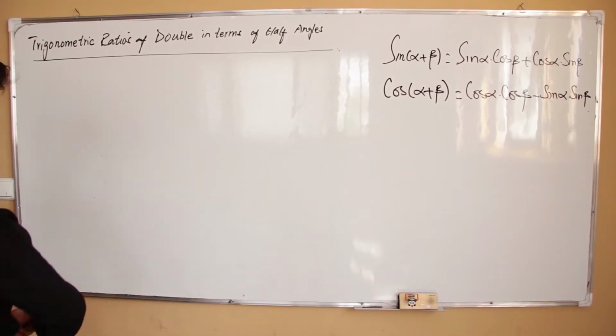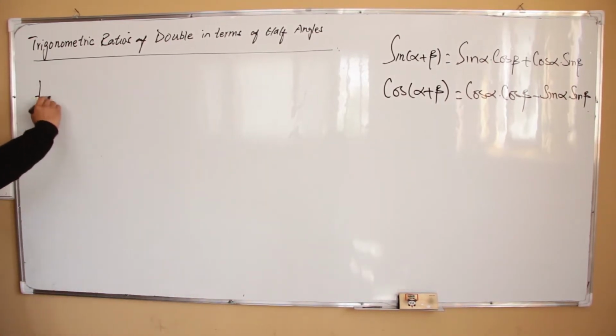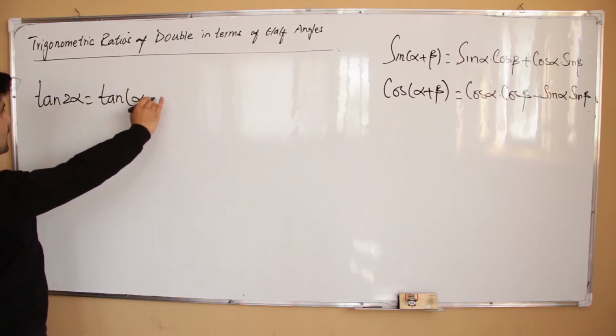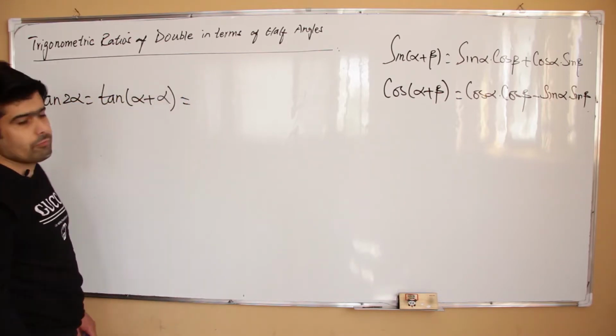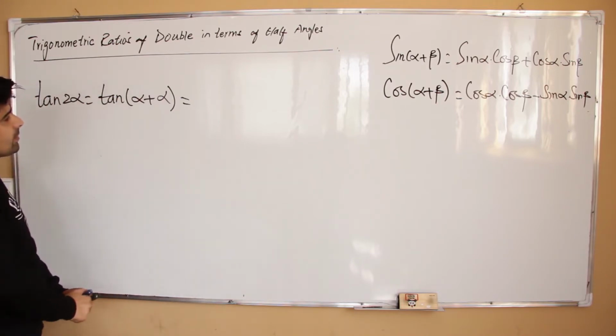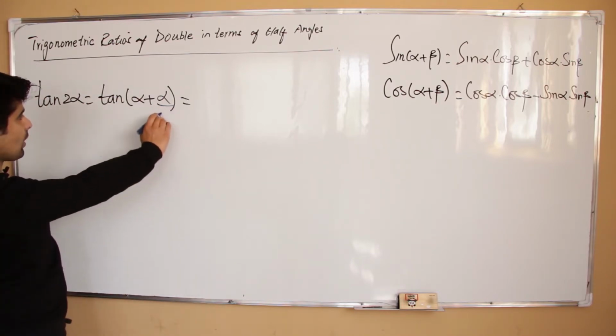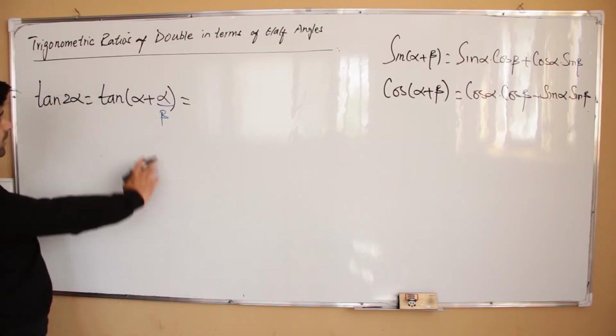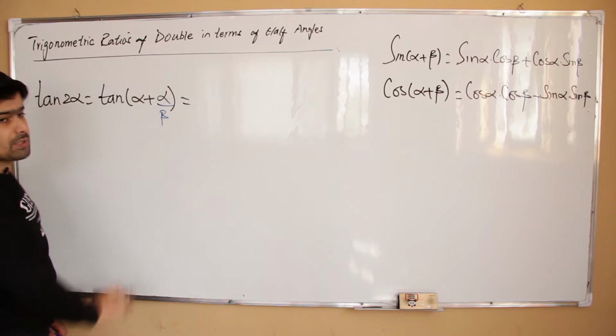Okay, come to tangent. Tangent of 2 alpha. Can we write this one as tangent of alpha plus alpha? Yes, we can do. Now, if the first one is alpha and the second one we name beta, beta is equal to alpha. So I think it has the shape of tangent of alpha plus beta.